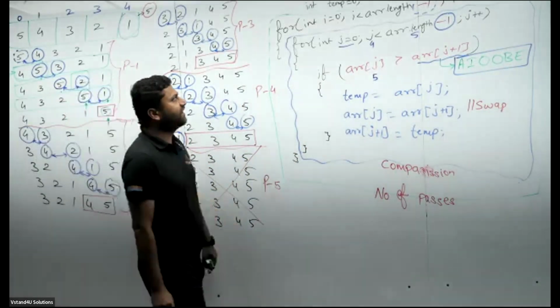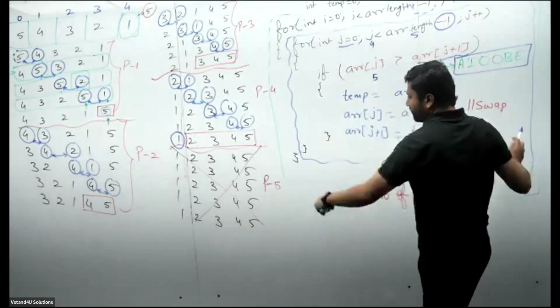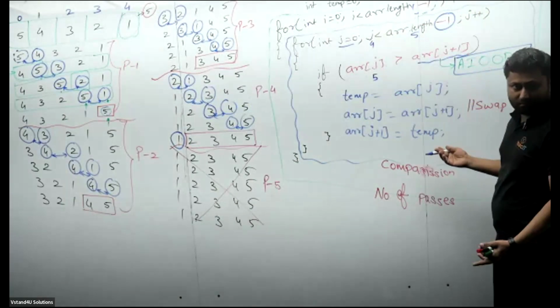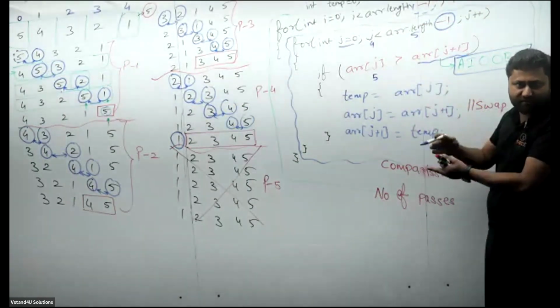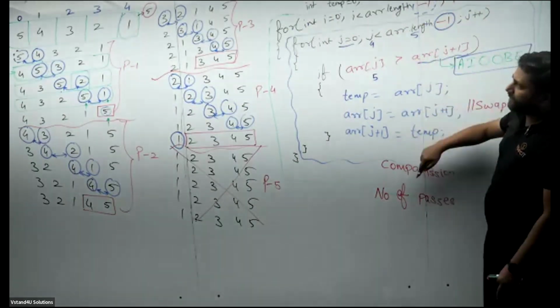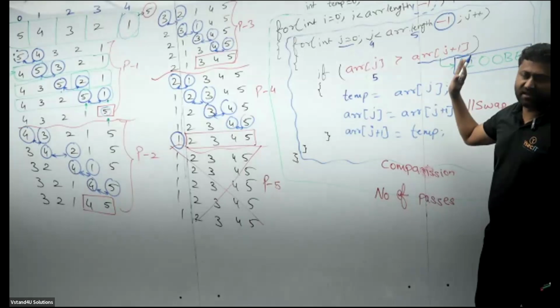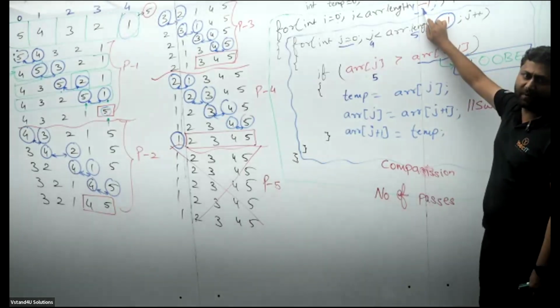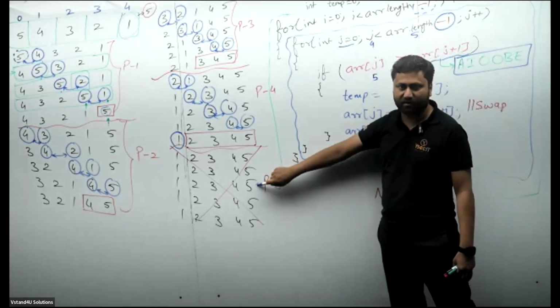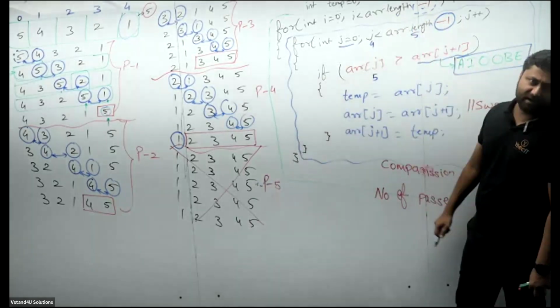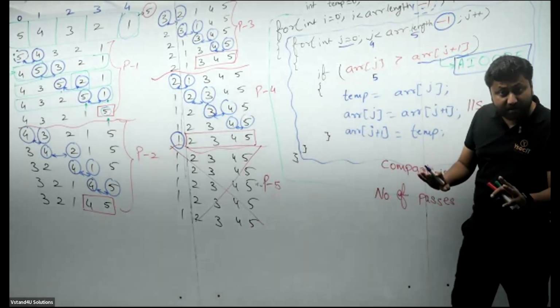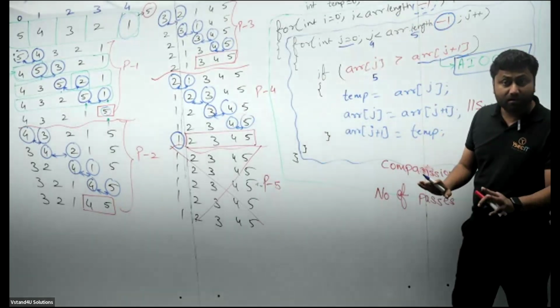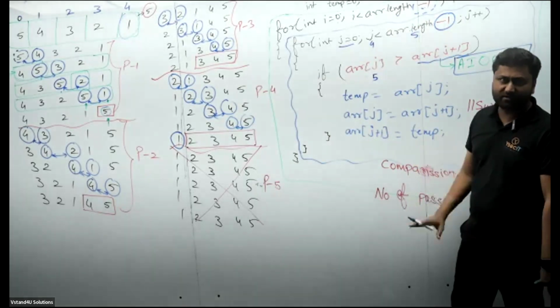Hence we decided on this outer loop, repeating the same comparison logic in every pass. We identified that one pass was happening unnecessarily, so to avoid that we did minus 1. Everybody clear till here?